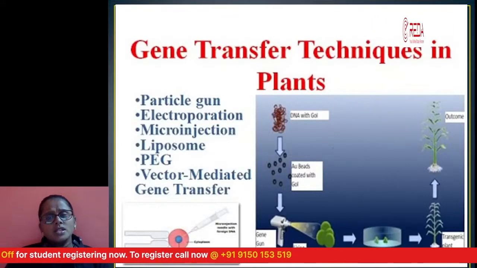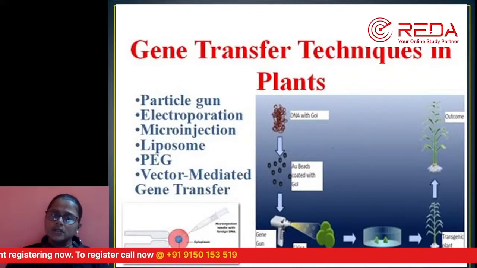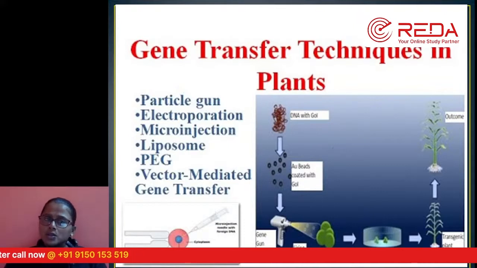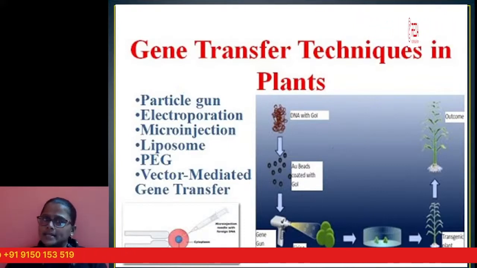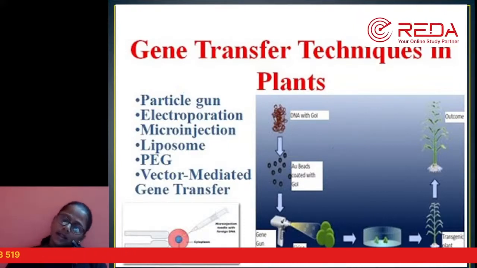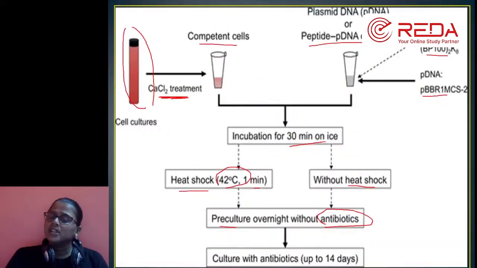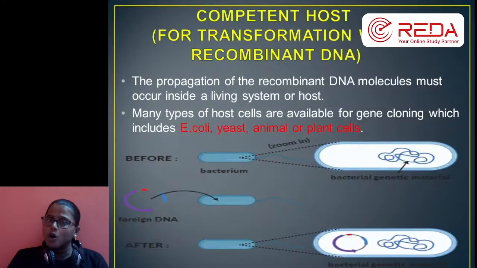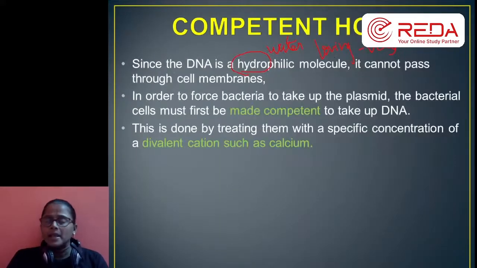So in a gene transfer technique in a plant, if you want to transfer a gene into your plant, it really needs some other advanced technique. Here you are transferring the rDNA only in a cell, which is made competent by using simple chemical substances and heat shock treatment.